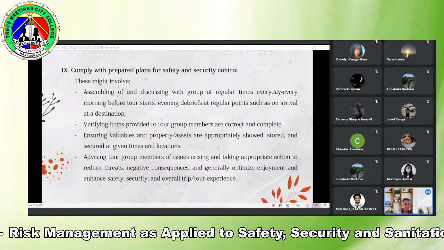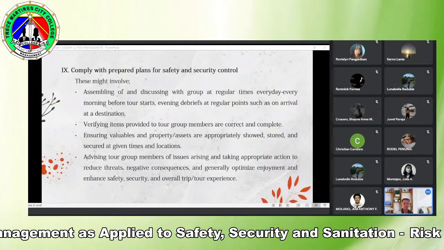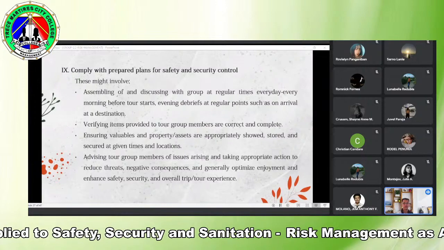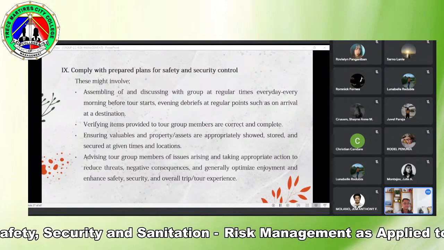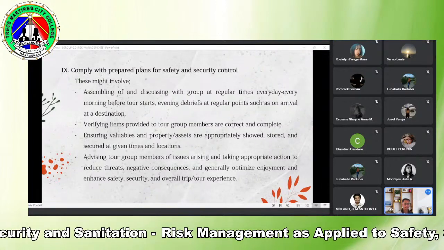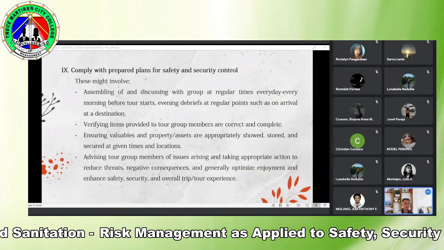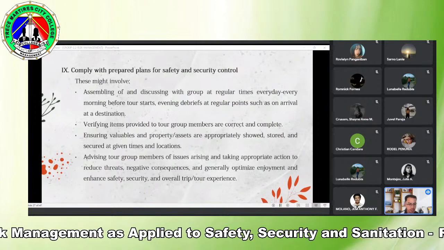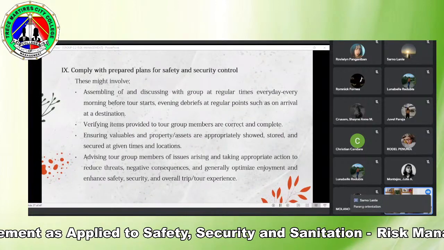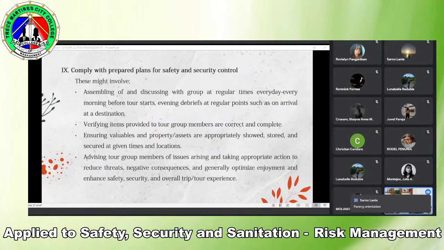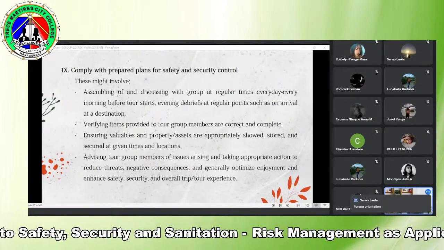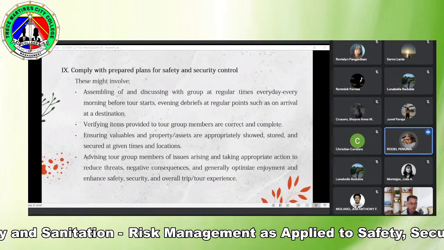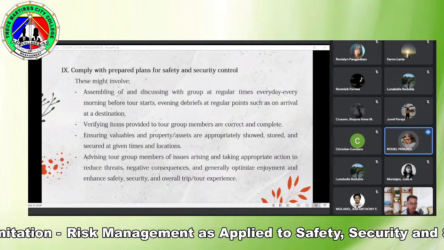Sige, maghihintay pa din ako ng mga messages dito sa comment box natin sa live natin. Any other answer from the guests? Mr. Penunya, any thoughts? Sige, hinihintay ko lang. Binabasa ko din yung mga comments dito. Mr. Penunya? Yung sa briefing po, yung pagbibigay po ng kunyari po mga instruction po.